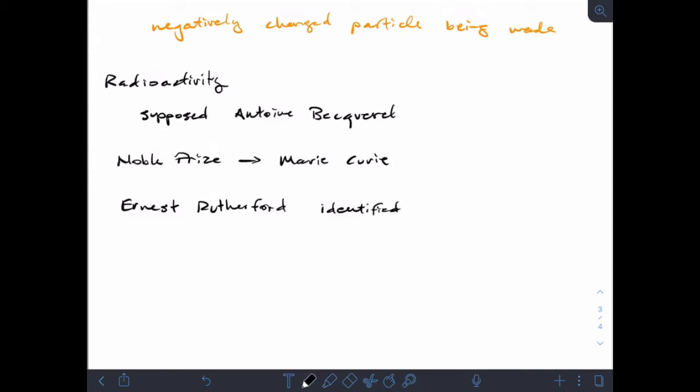He identified alpha and beta radiation, alpha and beta particles.